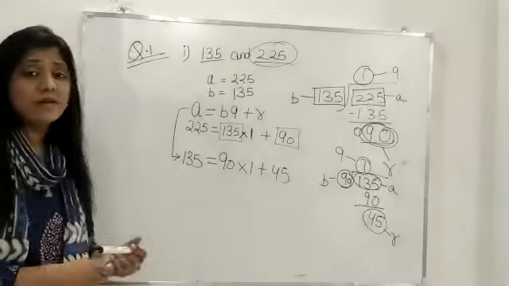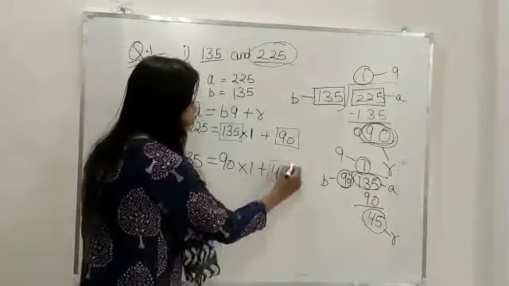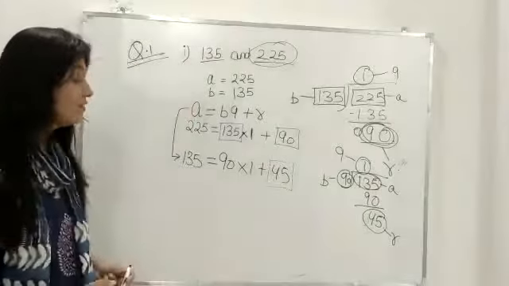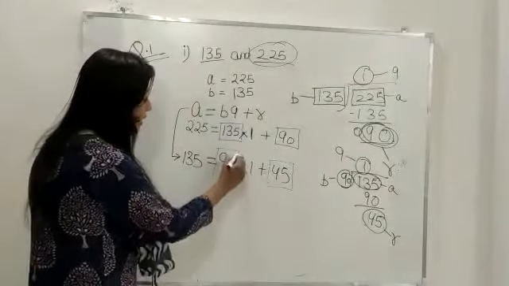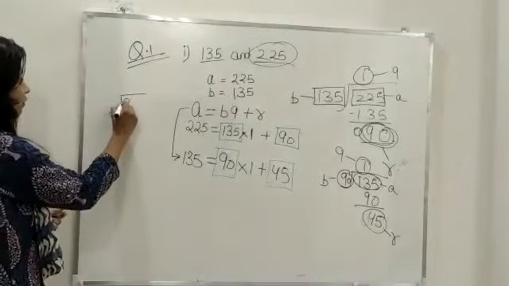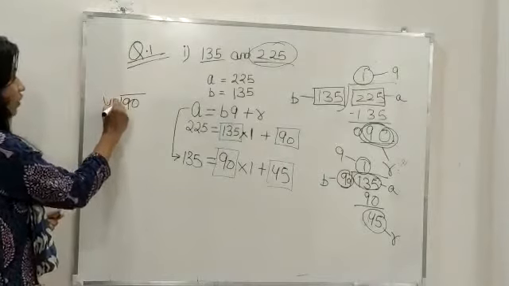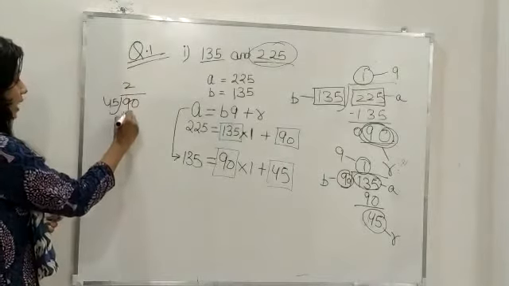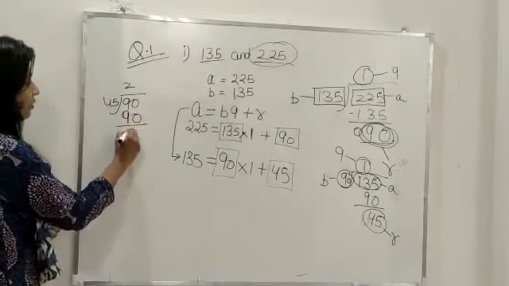Again the remainder is not 0, so you will apply Euclid's division algorithm on 90 and 45. When you divide 90 by 45, 45 times 2 is 90 and remainder is 0.